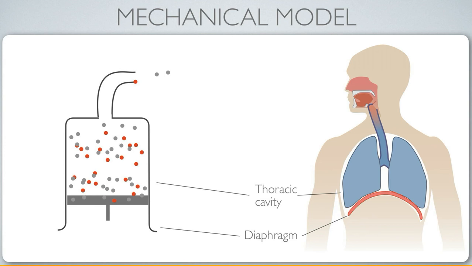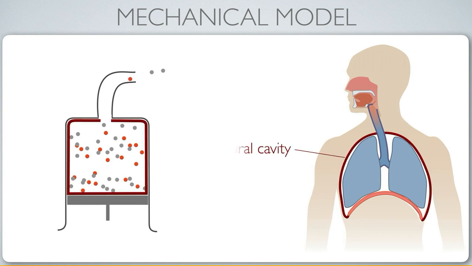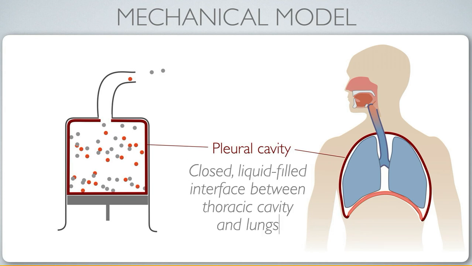Now, another feature of the anatomy that turns out to matter to its functioning is a cavity that is wrapped on the interior of the thoracic cavity. This is known as the pleural cavity, shown in the dark red. The pleural cavity is a closed, liquid-filled interface between the thoracic cavity and the lungs.